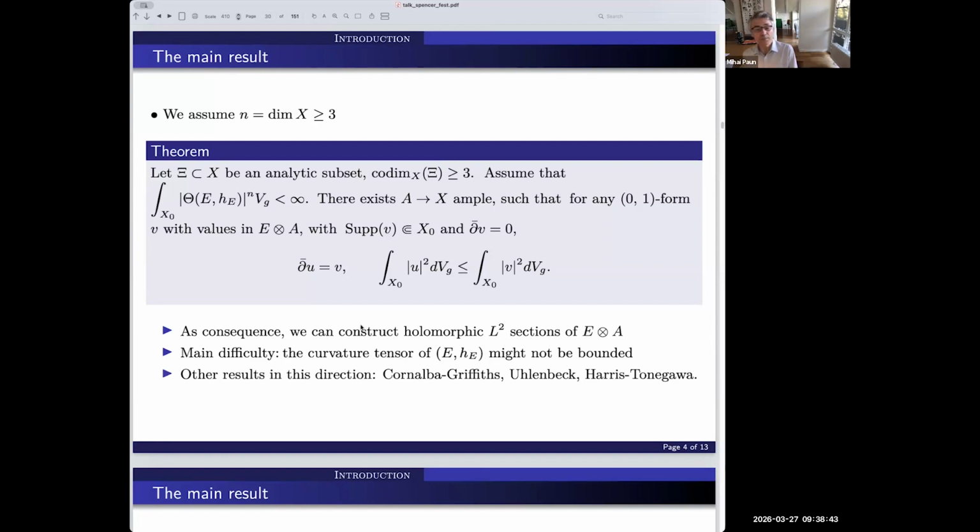And then let me mention also some other results in this direction. For example, very nice work by Cornalba and Griffiths, where they were interested in proving that the vector bundle is algebraic under the assumption that this curvature satisfies some pointwise growth when you approach the divisor.